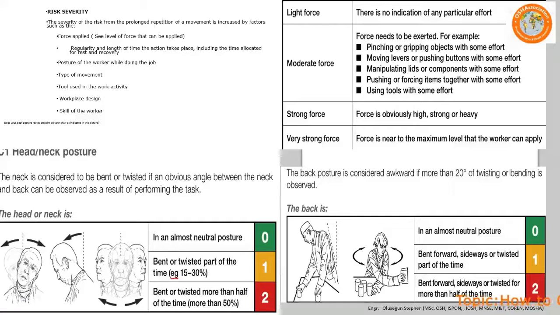By the time you are carrying the cup of tea bent forward, sideways, or twisted part of the time, then the risk is becoming high. And by the time you bend forward, sideways, or twist more than half of the time, the risk is very high. So you can even carry an ordinary cup, and then you begin to affect your MSDs.